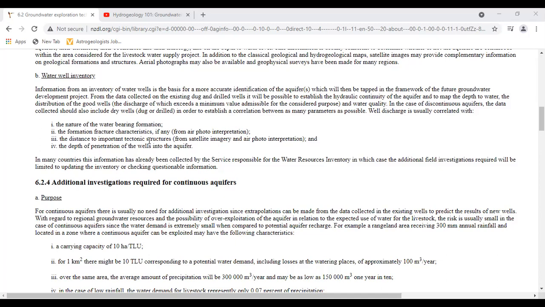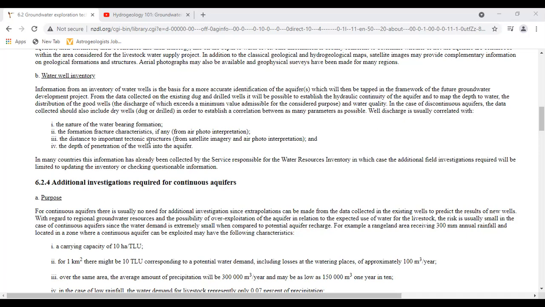From the data collected on the existing dug and drilled wells, it will be possible to establish the hydraulic continuity of the aquifer and to map the depth to water, the distribution of the good wells, the discharge of which exceeds a minimum value admissible for the considered purpose, and water quality. In the case of discontinuous aquifers, the data collected should also include dry wells dug or drilled in order to establish a correlation between as many parameters as possible.